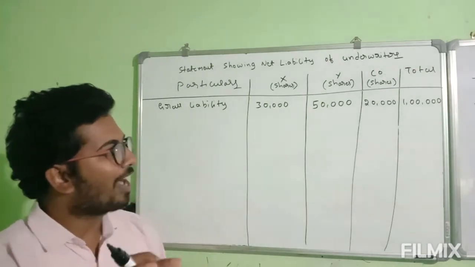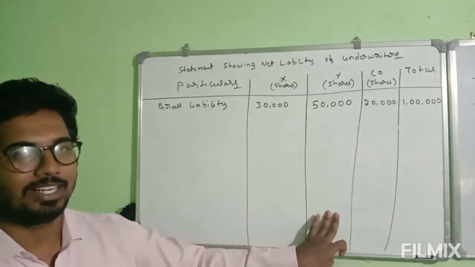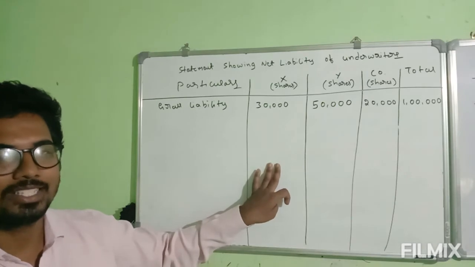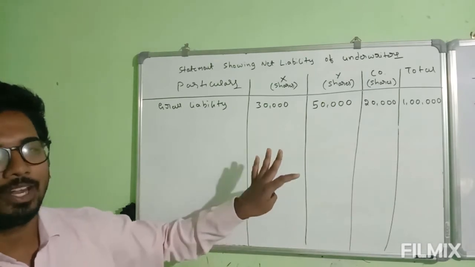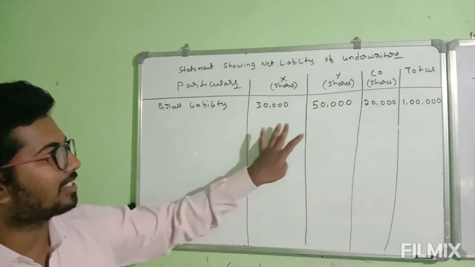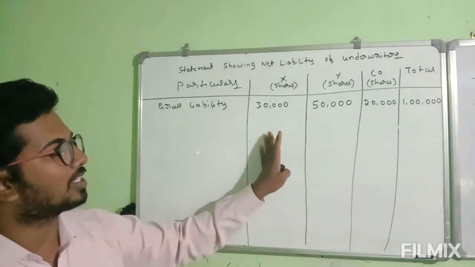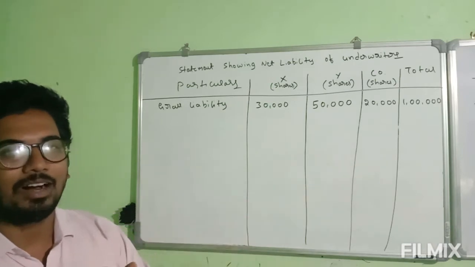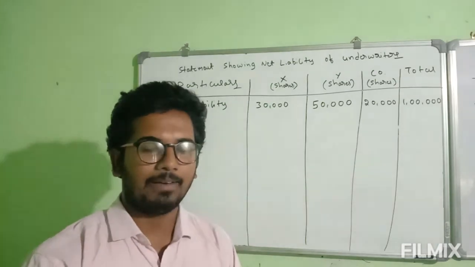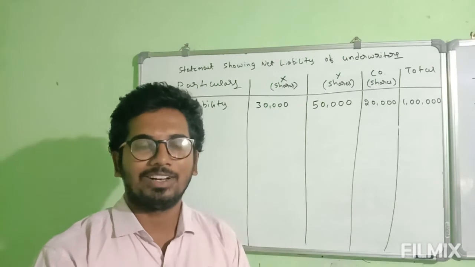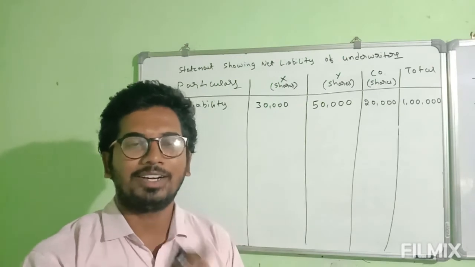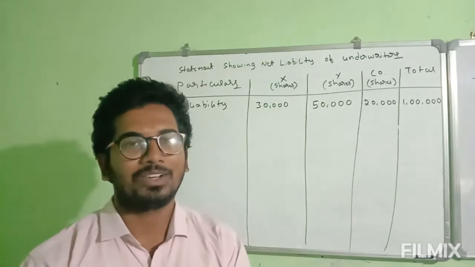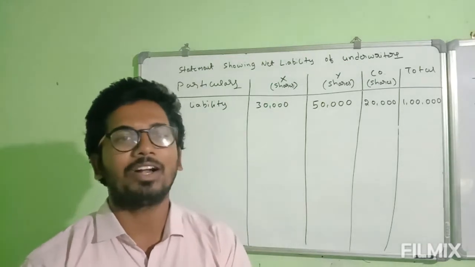Make a note of this. When it is a partial underwriting, when we calculate the working notes, the entire unmarked shares are in the name of the company only. There are no unmarked shares in the name of X and Y. Because it's a partial underwriting, when we apportion the public subscribed shares, whatever is allotted to the underwriters we consider marked applications, and whatever is allotted to the company we consider unmarked applications.